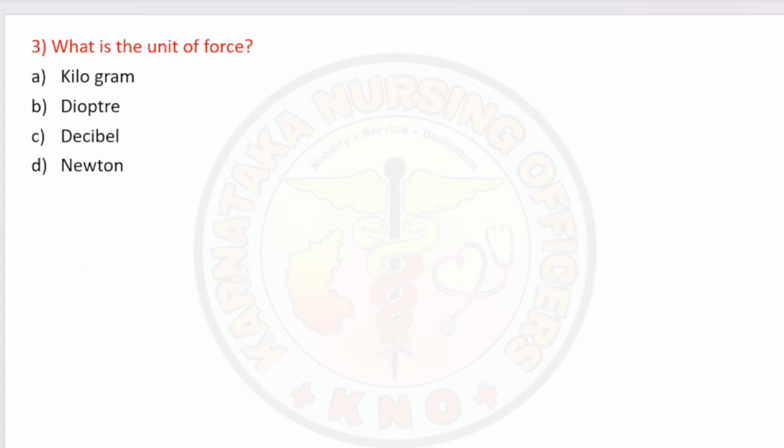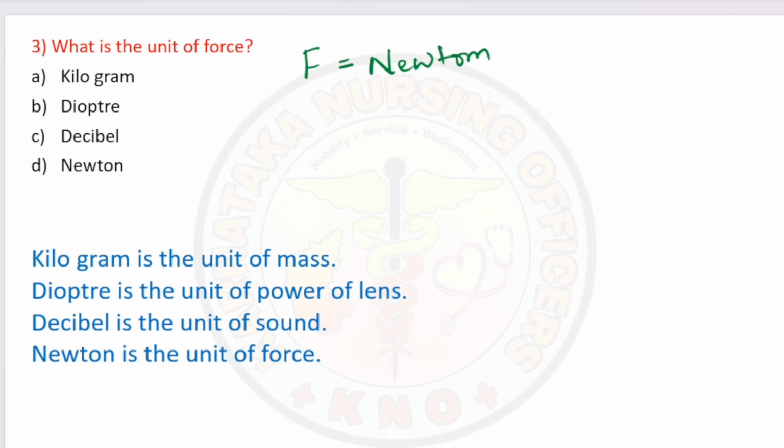So now let's move on to the next question. What is the unit of force? So force is measured by the unit Newton, correct? So Newton is the unit of force. And what is kilogram?